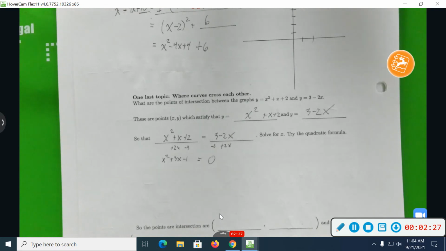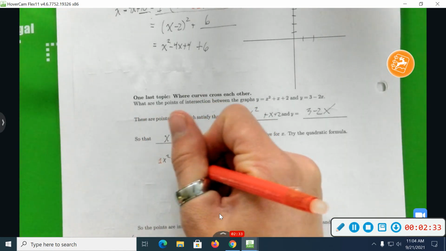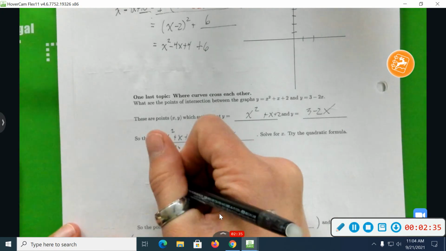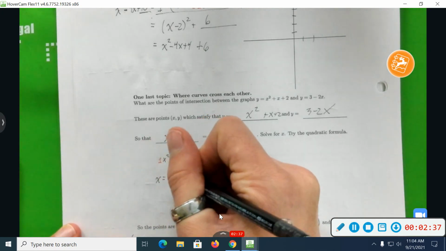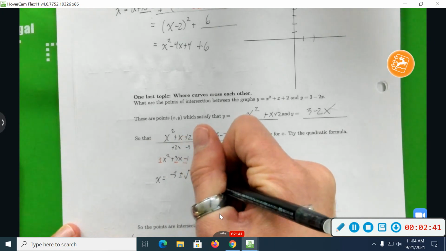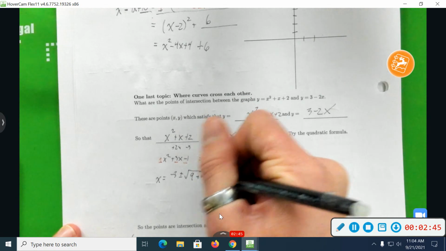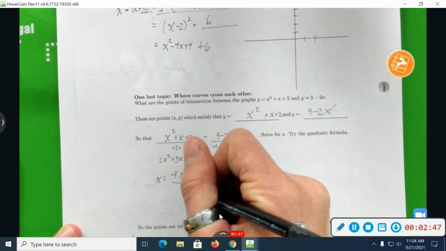Let's do it. So, by the quadratic formula, there's my choice of A, there's B, there's C. X is equal to negative B plus or minus the square root of B squared minus 4 times A times C, all over 2A.